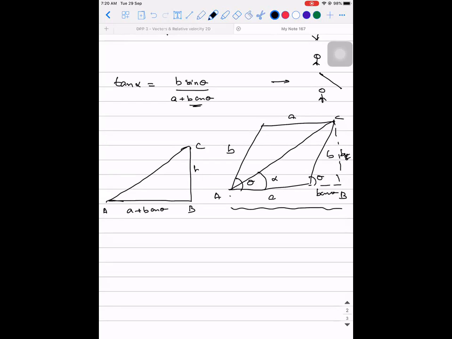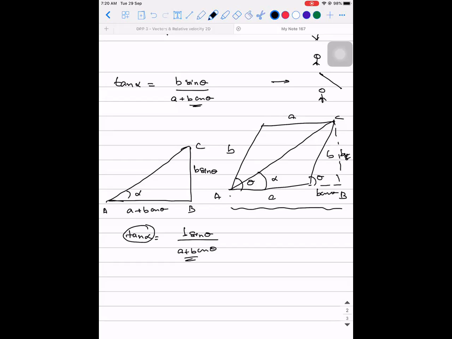What is BC? It is B sin theta. Accepted? So this is alpha. Then what is tan alpha equal to? It is B sin theta divided by A plus B cos theta. Remember, wherever trigonometry has to be applied, you need to look for right angle triangles. That is what you need to search. Okay? So it is B sin theta divided by A plus B cos theta.